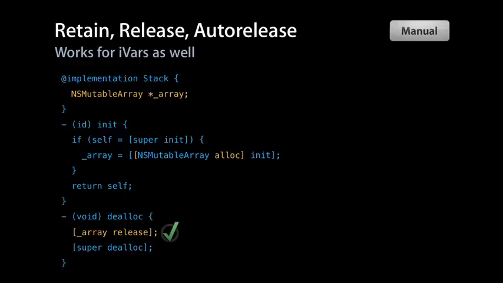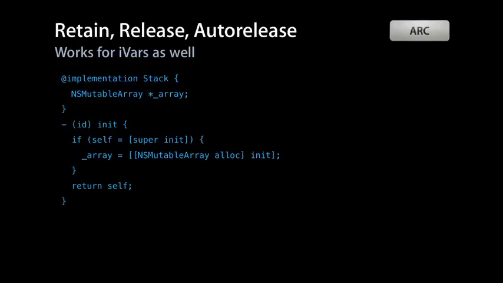With Arc, the compiler has got your back and remembers all of this for you. It'll keep track of your instance variables automatically, so you don't have to write the release in dealloc. Under Arc, we can just take that out. In fact, you don't even need to write the super dealloc anymore, because the compiler will always automatically invoke your superclass's dealloc method if you implement one.